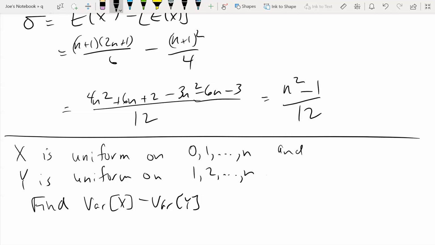One of them is on the set 1 to n, and the other one's on the set from 0 to n instead. It asks you to find the variance of x minus the variance of y. Well, we know what the variance of y is, right? We just calculated it, didn't we? So the variance of y here is n squared minus 1 over 12.